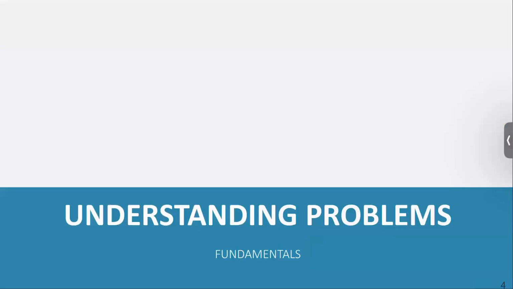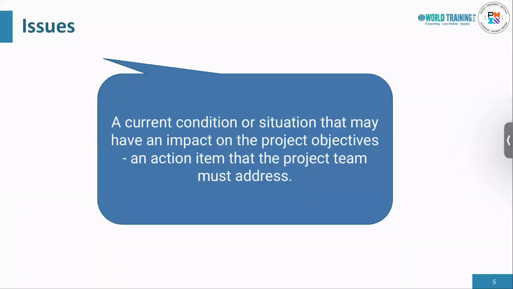So the first section, let's talk about understanding problems or issues. So issues, what's the definition of an issue? An issue is a current condition or situation that may have an impact on the project objectives, or it's an action item that the project team must address.